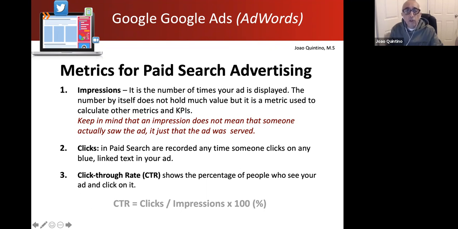It shows the percentage of people who saw your ad and clicked on it. Any questions? Because this is important for you to know for the digital metrics test. So impression is every time your ad shows up. Clicks is when somebody clicks. Click-through rate is the percentage of people who saw the ad and clicked on it.